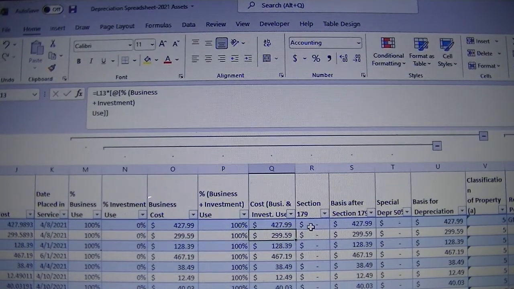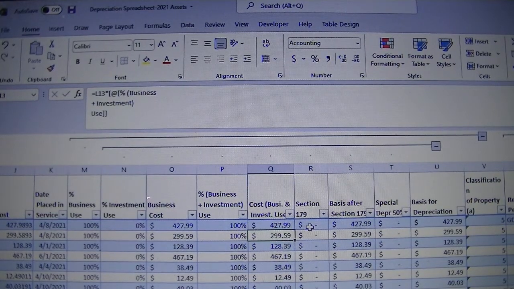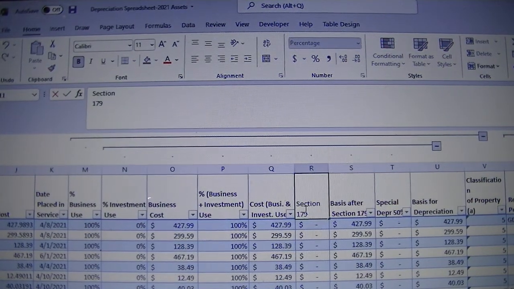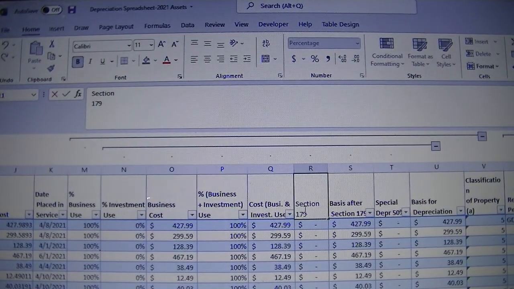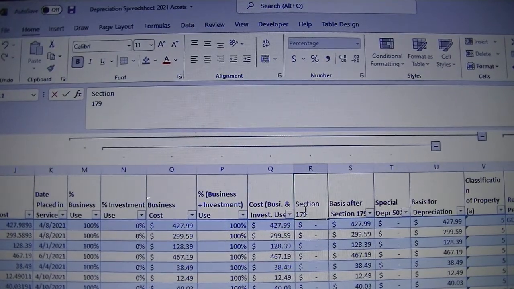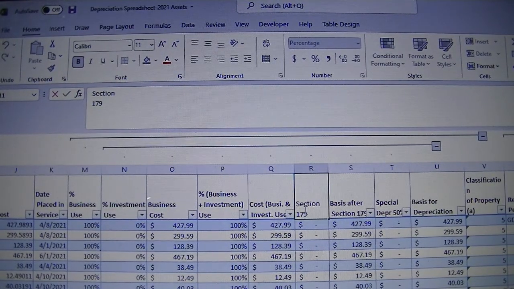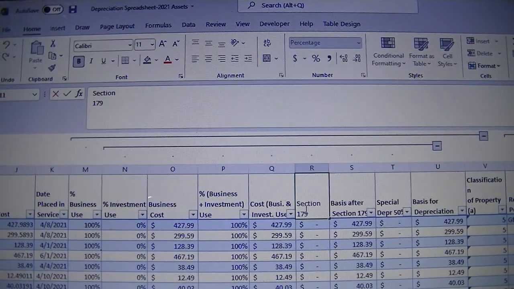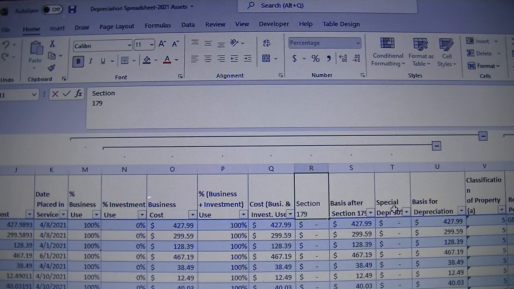And I do not claim section 179. So if you will claim section 179, then you will take that into consideration and you will read the publication to learn the instructions to Form 4562 Depreciation and Amortization to understand more about section 179 and special depreciation.